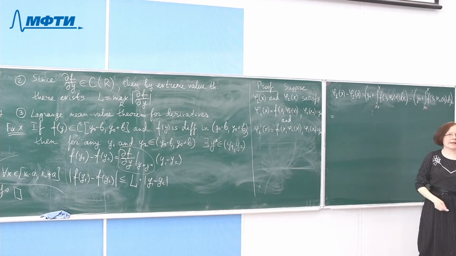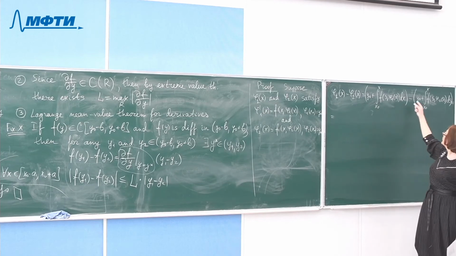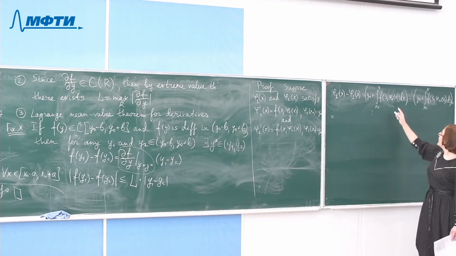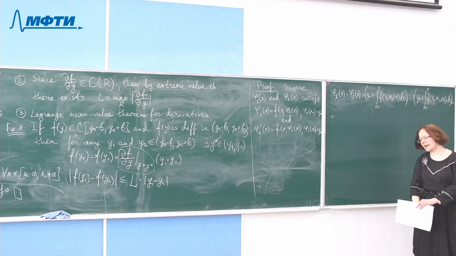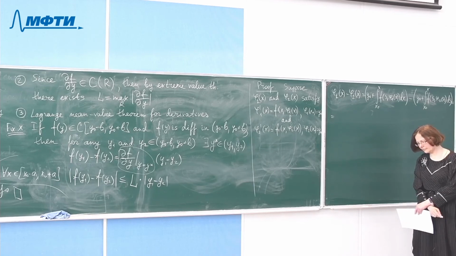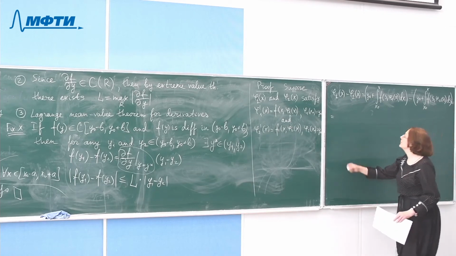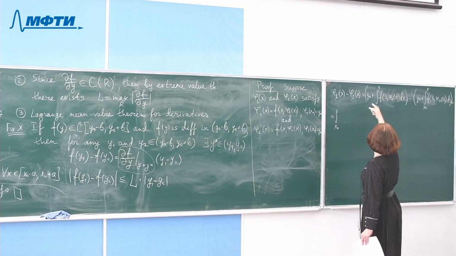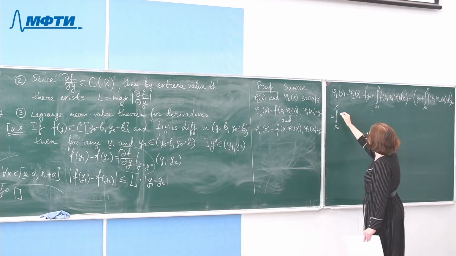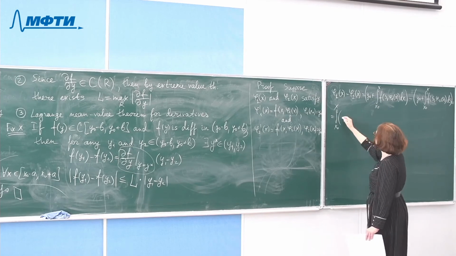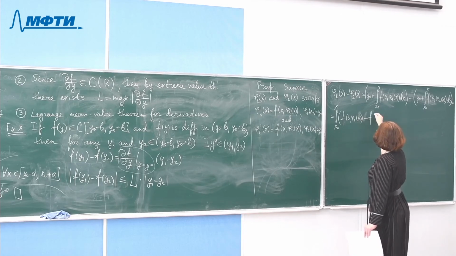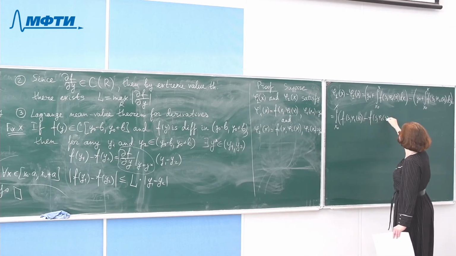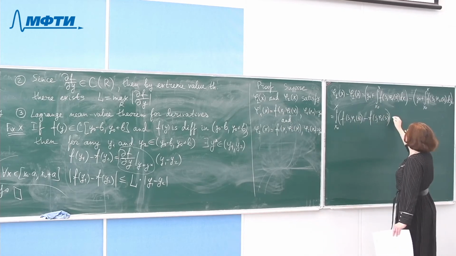So y0 is cancelled out, and we can use the additivity of the integral and write this difference as the integral of f of s, phi1 of s, minus f of s, phi2 of s, ds.